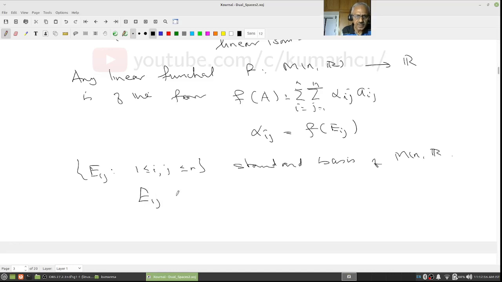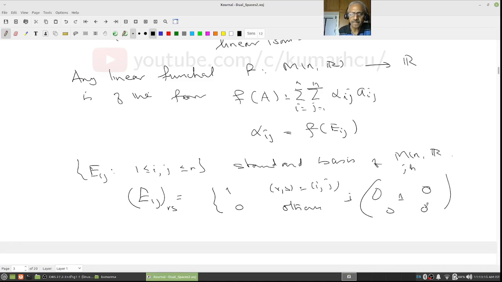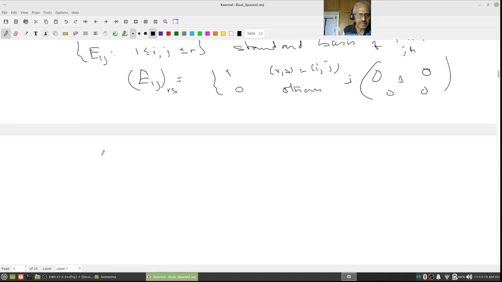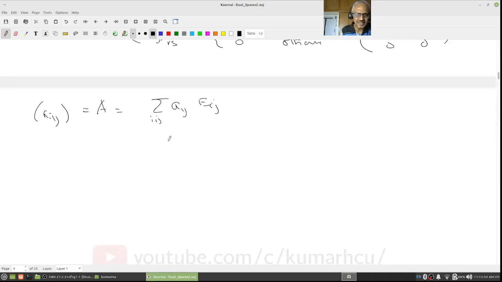What is E_ij? Its rs entry is 1 if (r,s) equals (i,j), the ordered pair, otherwise 0. That means ith row and jth column is 1, rest are all 0. Then I can write any A as summation a_ij E_ij. If I write only one summation, understand it's summation over i and j. Is that clear?